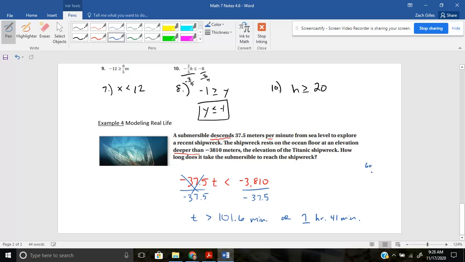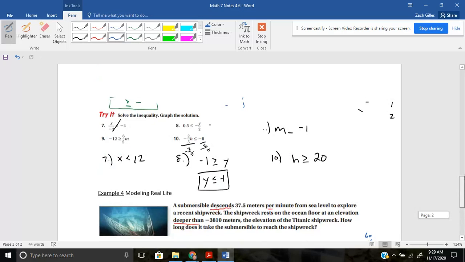So there's 60 seconds in a minute. So what's 0.6 times 60? 0, 36, and move my decimal one spot. So that would be 36 seconds. So it takes 1 hour, 41 minutes, and 36 seconds to get 3,800 meters below sea level if I was going 37.5 meters per minute.